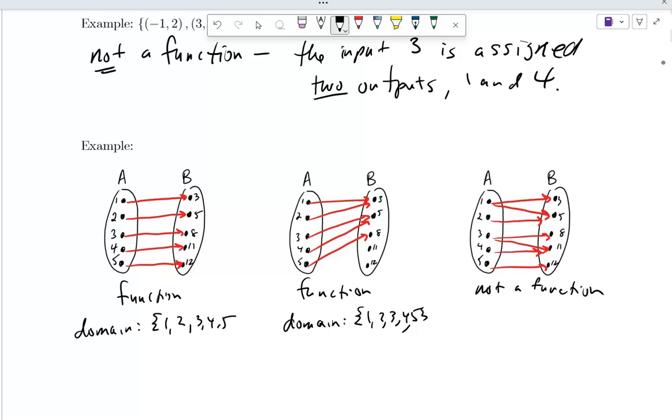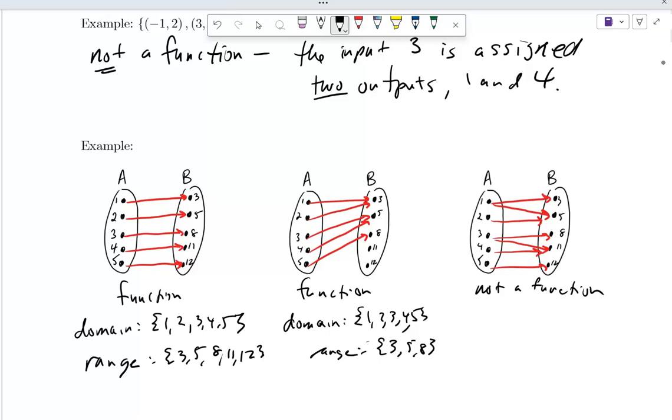Okay. For the first one, I forgot to close off my brace for the domain. For the first one, what's the range? 3, 5, 8, 11, 12. What about the second one? 3, 5, and 8. Good, because those are the only outputs. So notice here, this is what we mean by the difference between codomain and range.